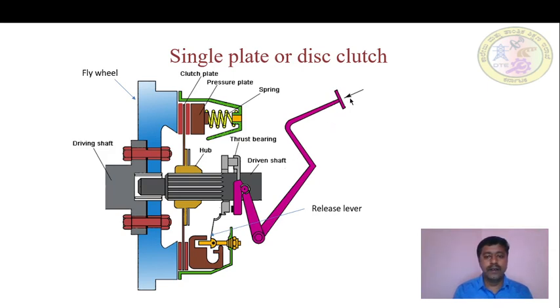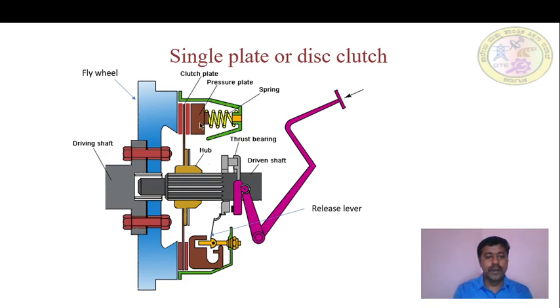When pressure is applied on this clutch pedal, what happens? This thrust bearing moves forward and this release lever moves in inward direction, which makes this knife edge move in outward direction.